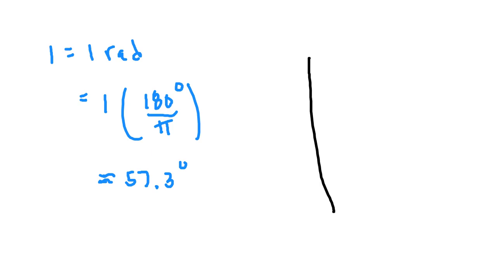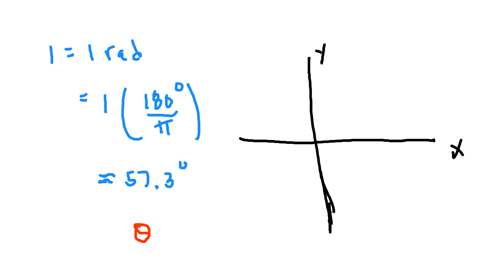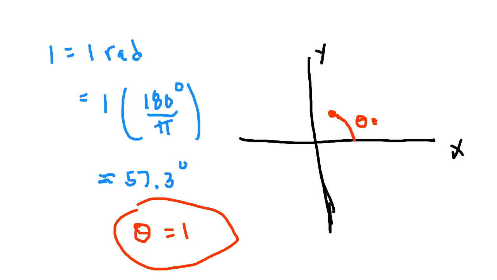So if you have a y-x axis, every point, and your equation is theta equals 1, that's what we're looking at. Every point has to obey theta equals 1.